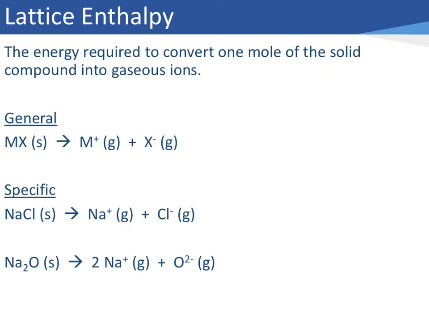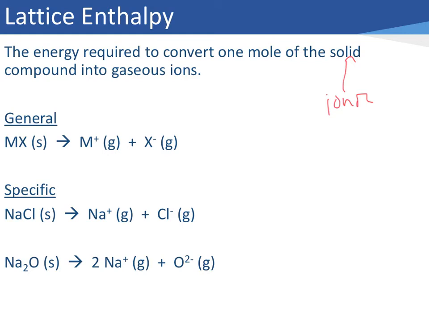So first of all, let's define lattice enthalpy. It is the focus of our work today. It is the energy required to convert 1 mole of the solid compound into gaseous ions. And the solid compound we're referring to here is an ionic compound of some sort. So if I use the general equation, I've got some generic metal plus nonmetal solid, and I'm going to input energy.